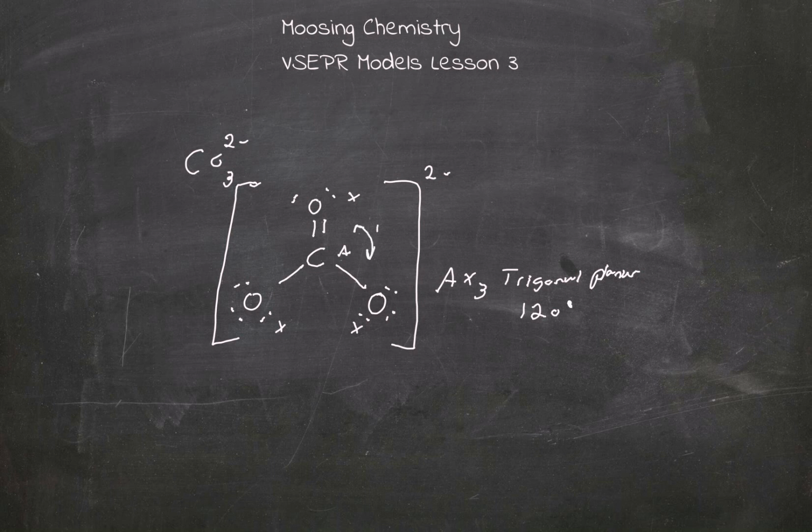And again, I forgot to do that when I was doing this other thing because I was so excited about balancing stuff. And so let's look at the other one, the nitrate ion, the NO3 with the -1 charge. Again, that looked like this. And again, remember these are resonating structures, so we could have done all three of them, but I'm not going to do that because you've seen that earlier.